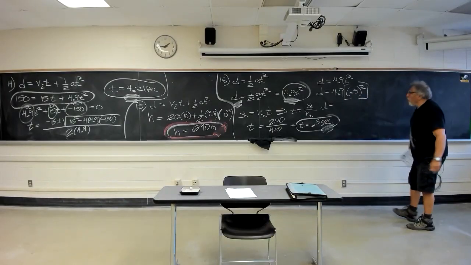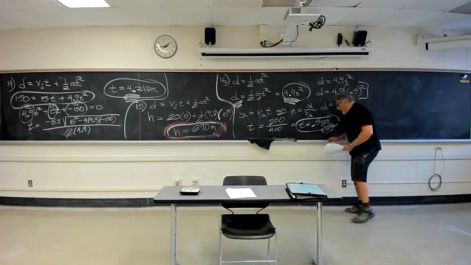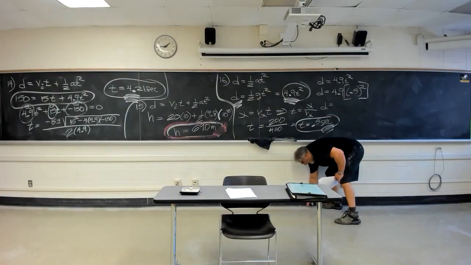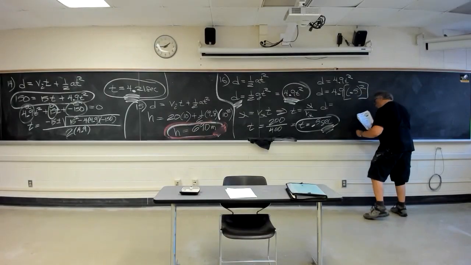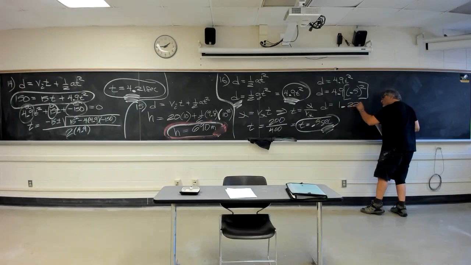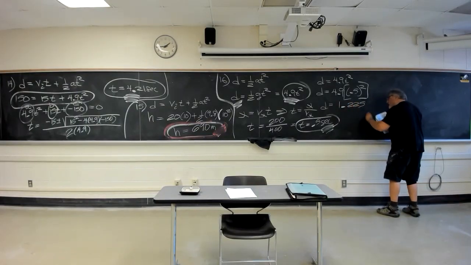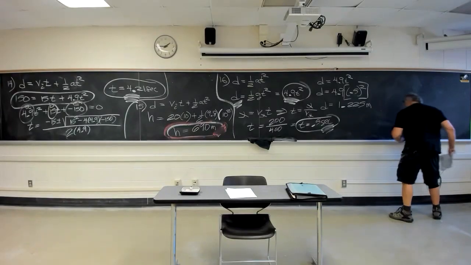That right there is a quarter. 1/4 times this is 1.225. And it'll fall quite a bit, actually. 1.225 meters is the way it fell.